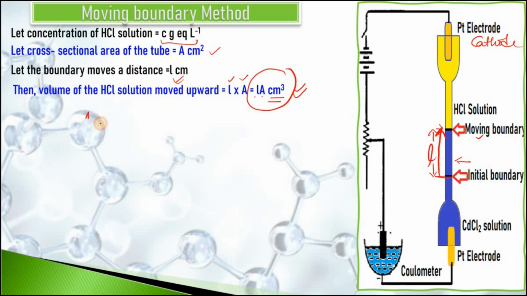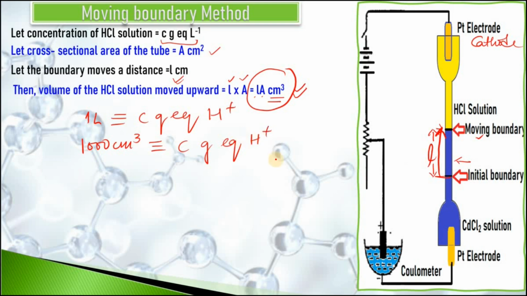That means 1 liter of solution contains C gram equivalents of hydrogen ion. 1 liter, if we convert into centimeter cube, becomes 1000 centimeter cube. So 1000 centimeter cube of solution contains C gram equivalents of hydrogen ion, because 1 gram equivalent of HCl will contain 1 gram equivalent of hydrogen ion and 1 gram equivalent of chloride ion.